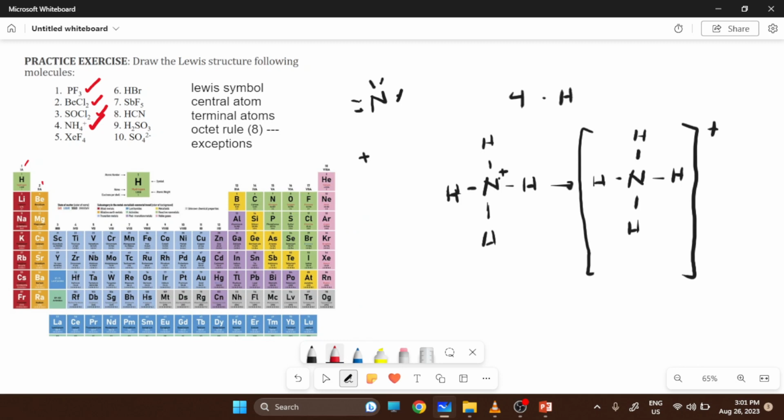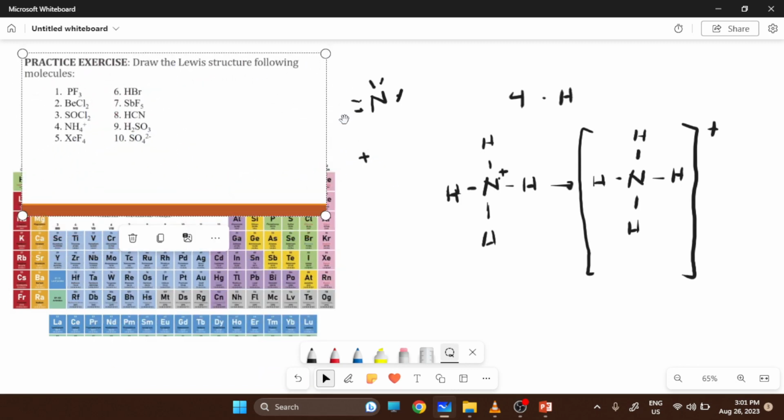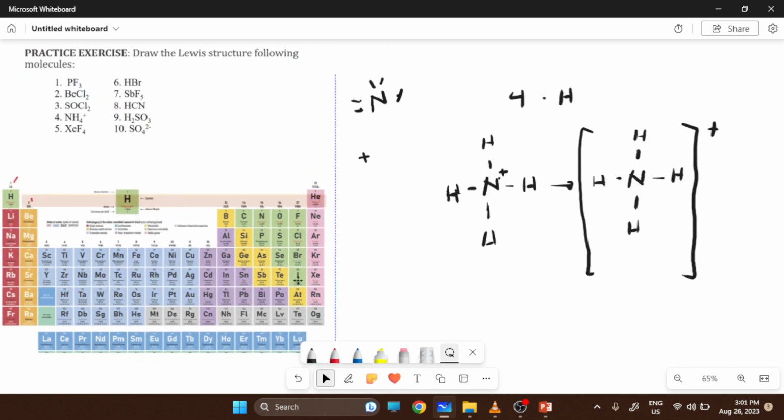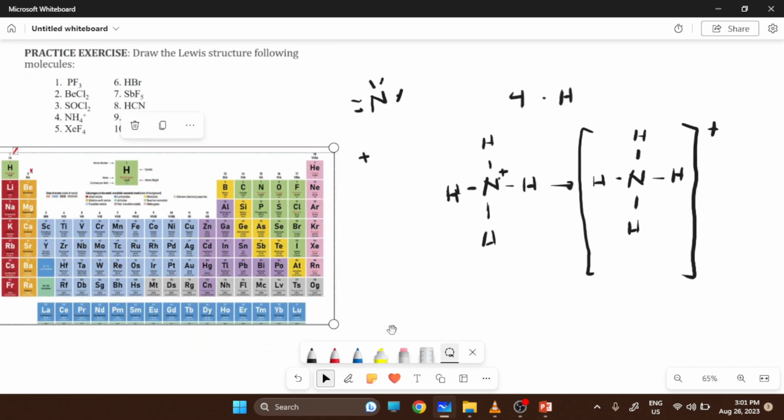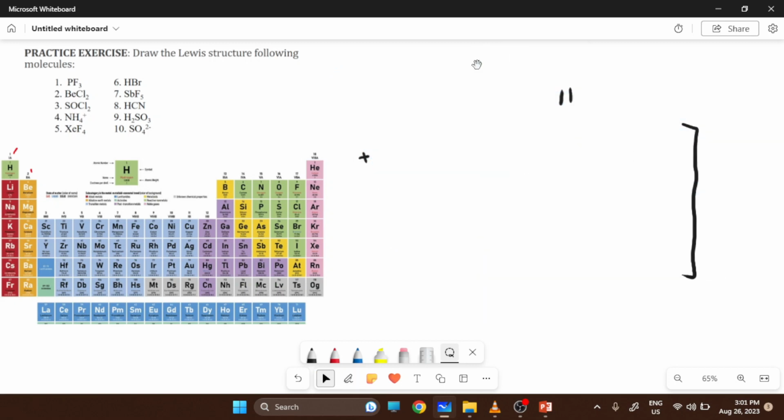Now, here we have xenon tetrafluoride. If you notice, xenon is a noble gas. However, why is that so? I thought noble gases are stable by themselves and don't need to bond. The answer to that question is that if you study the periodic table, xenon has a large atomic radius, so its valence electrons are very far from the nucleus.